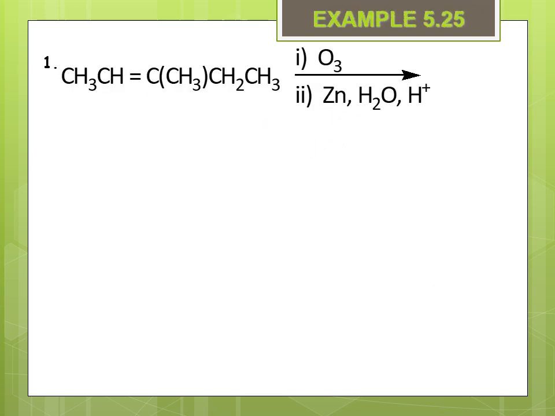Let's do example 5.25, question number 1. The reactant here is, let's name this compound, 1, 2, 3, 4, 5. Okay, this is a pentene, but where is the double bond?